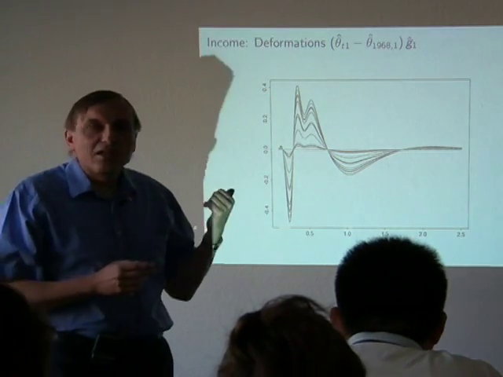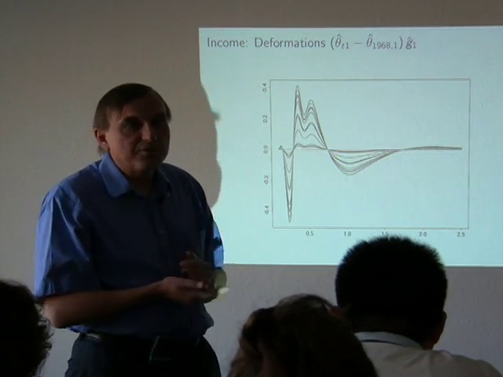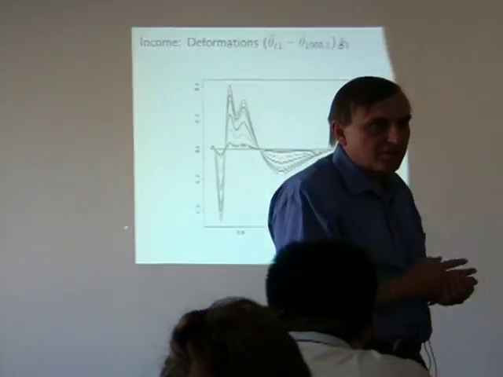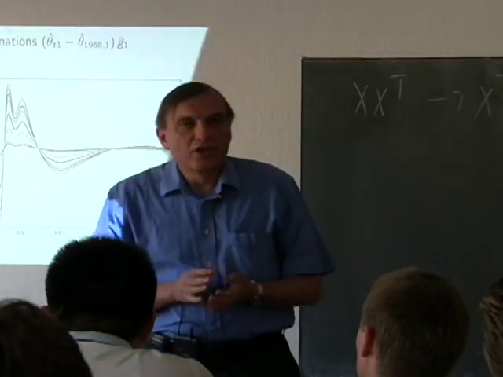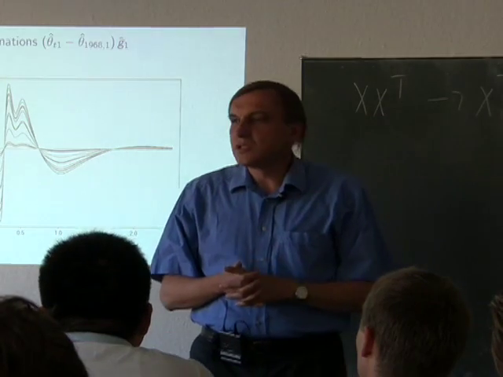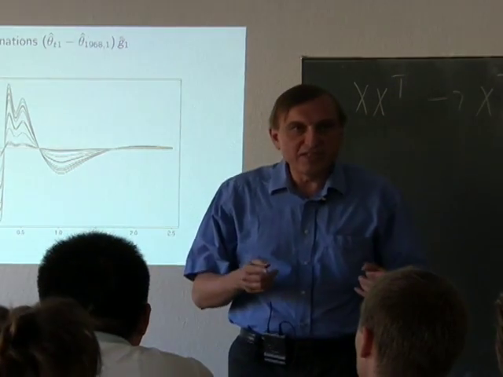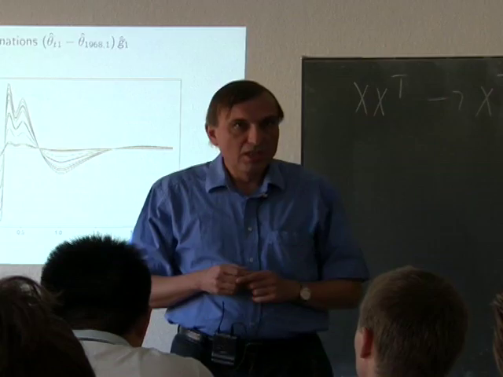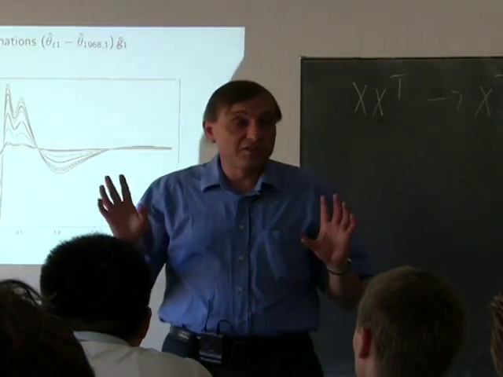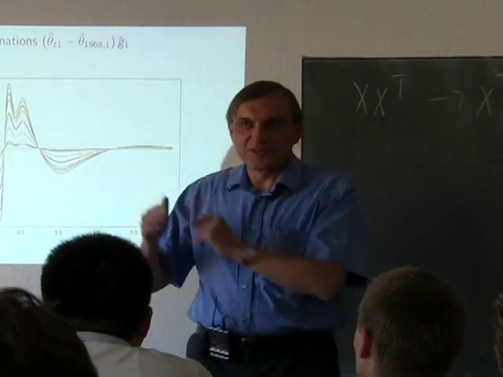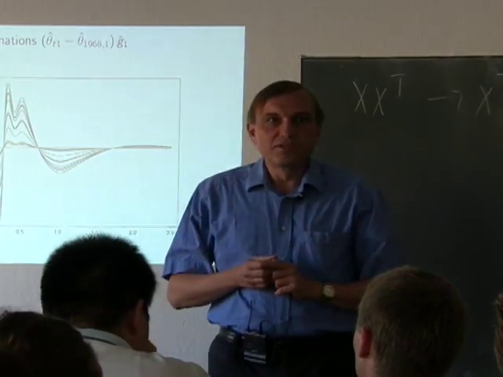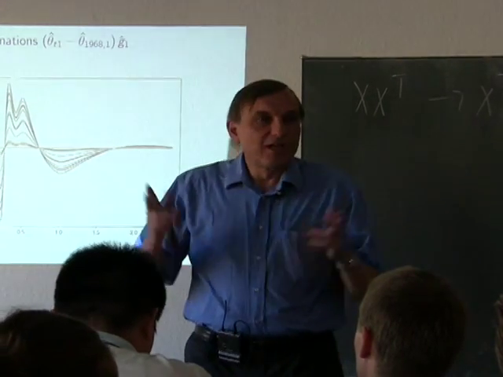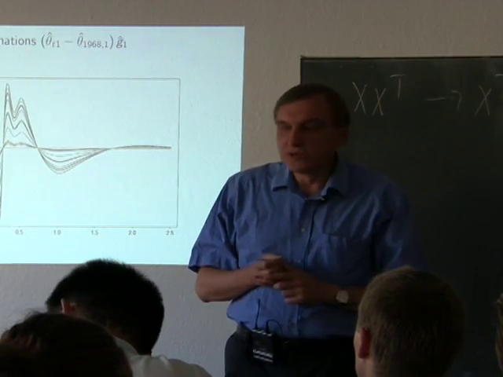A student has done the same thing for German income densities from 1980 until now, and there it's much different. We also had to cut these into different periods, for example, before and after the reunion.